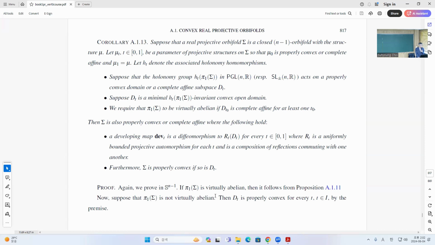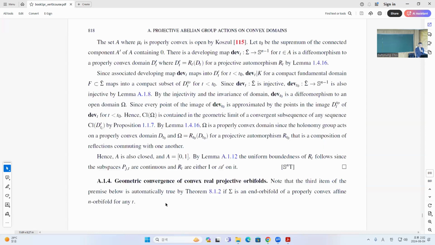Okay. So if it's virtually abelian, then this is actually the previous proposition. If it's not virtually abelian, then dt is properly convex for all t by the premise.